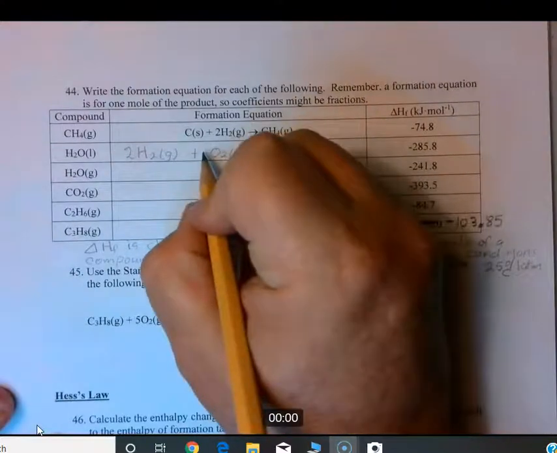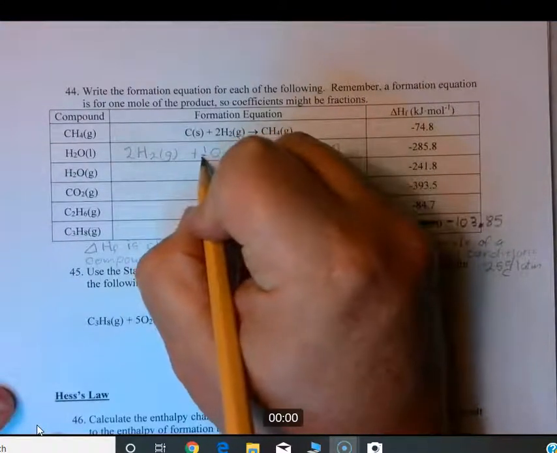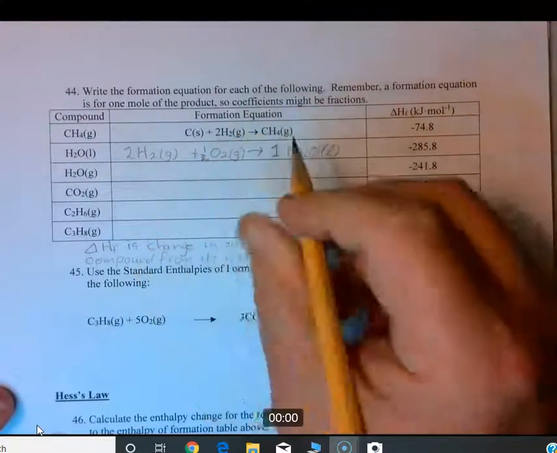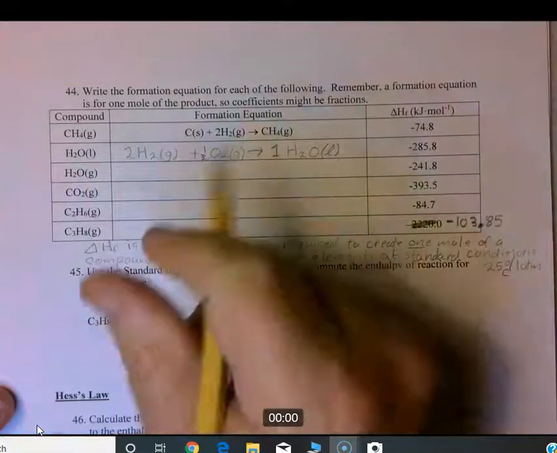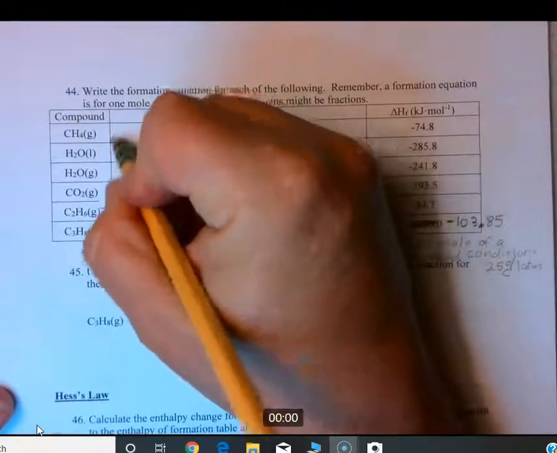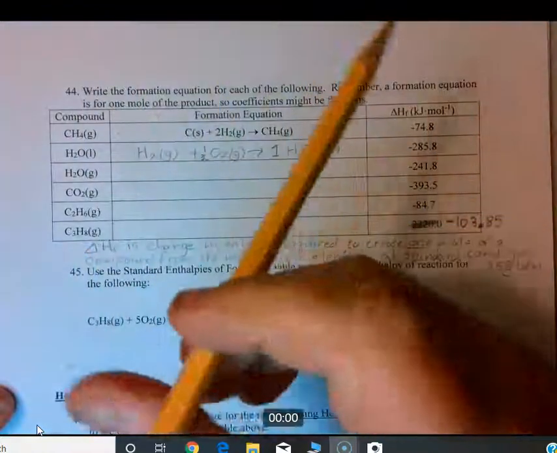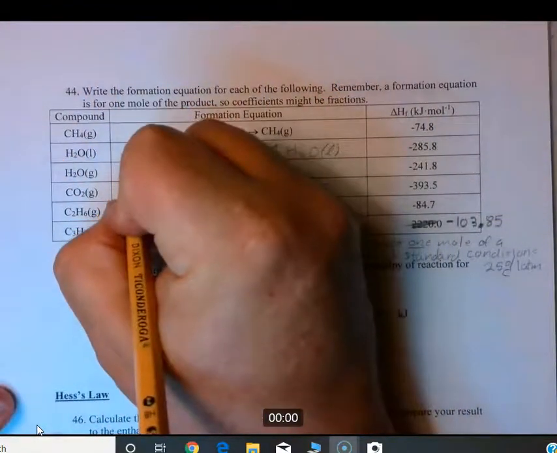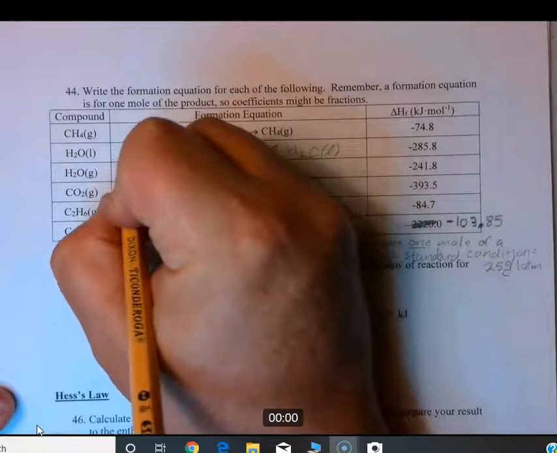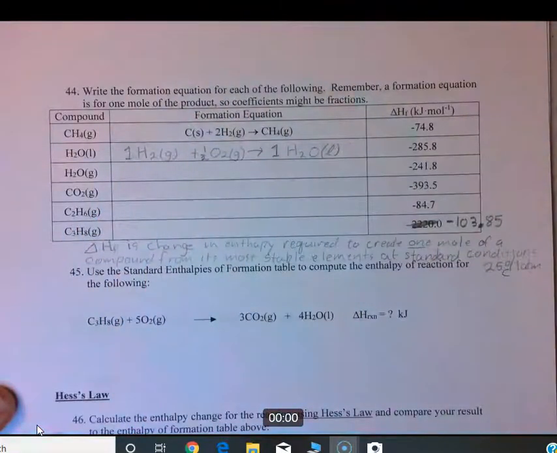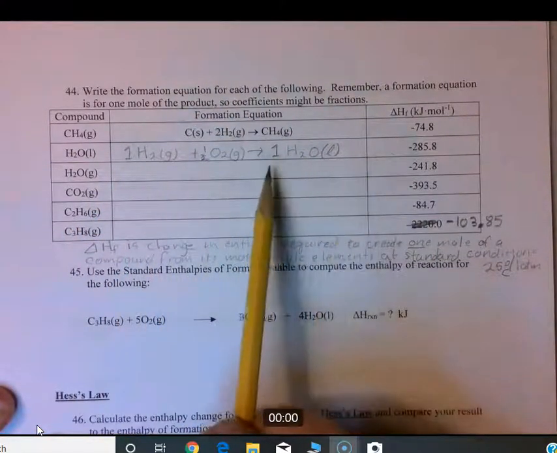And that leads us to a little bit unusual coefficient here of 1/2 for the O2, but that's what's required in order to make that a 1. And then we divide this 2 over here by 2 as well. Again, writing the 1s as coefficients is recommended but not required. And so that's what this equation would look like.